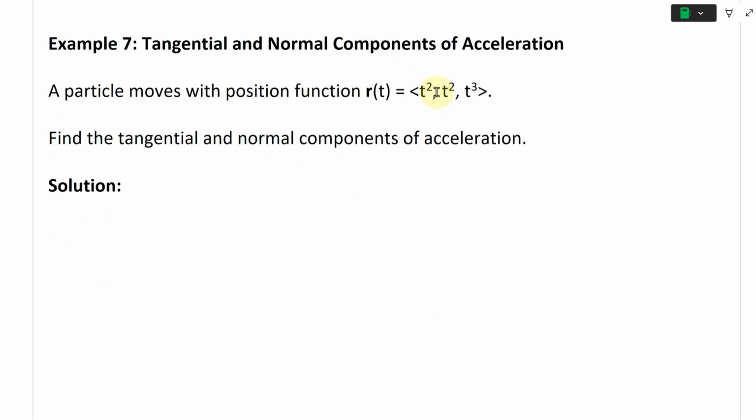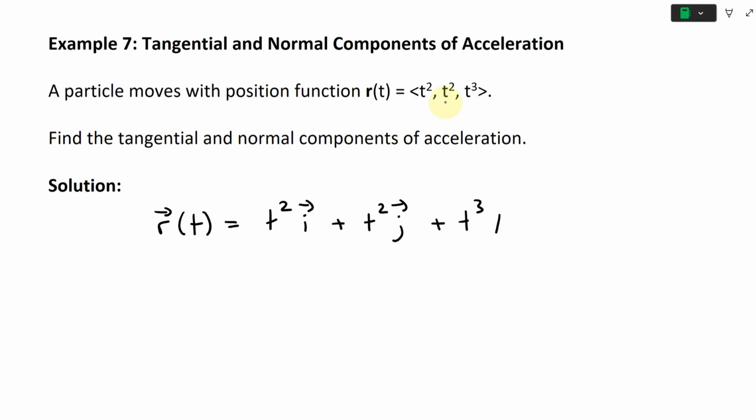Let's write these in their i, j, k formats. So here's the solution. We get r of t is equal to t squared i vector plus t squared j vector plus t cubed k vector.